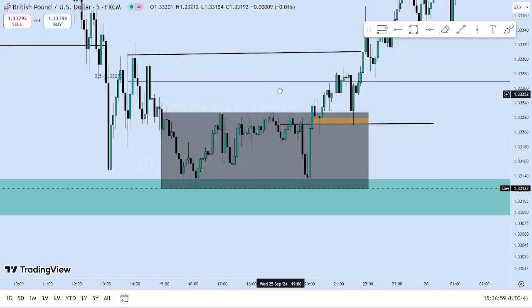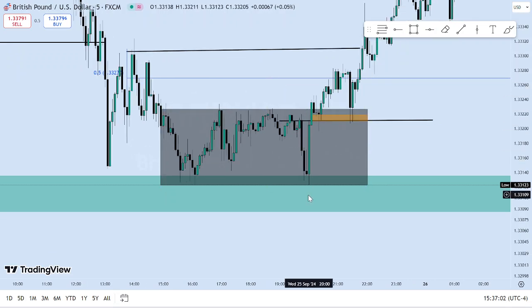So wait for price to break out of the range. Here is a range. Now we break out of it, took out this high inside the range. This is the up close candle, the last up close candle inside the range.